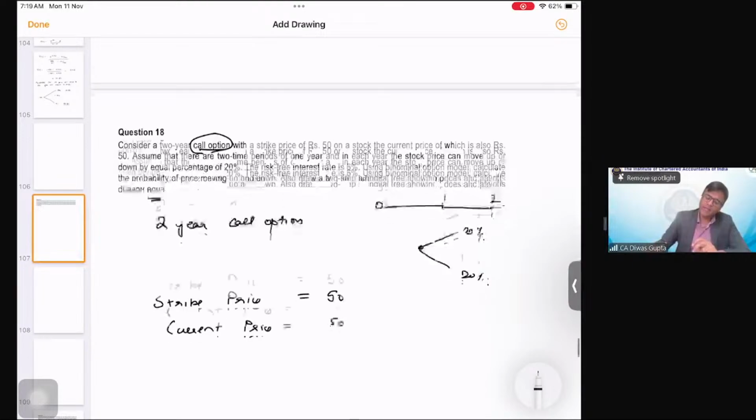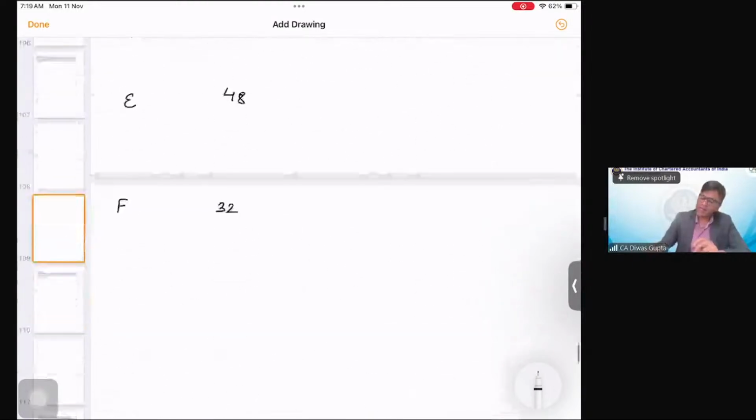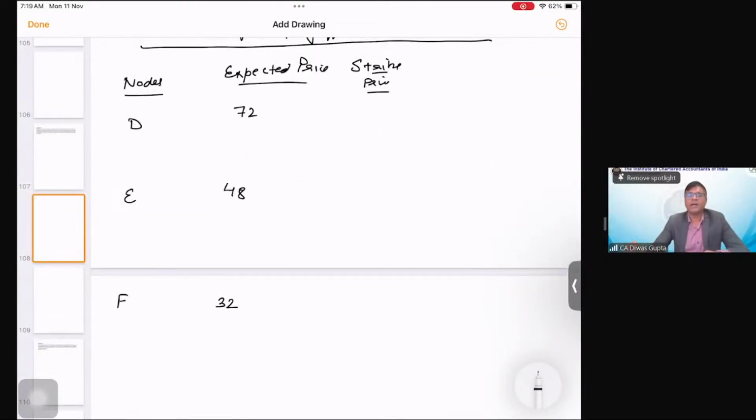So hence, if the expected price is higher than the strike price, then there will be a payoff. 50, 50, and 50. Value of the call option becomes 72 minus 50, which is actually 22, right? The higher expected price beyond the strike price becomes the value of call option.